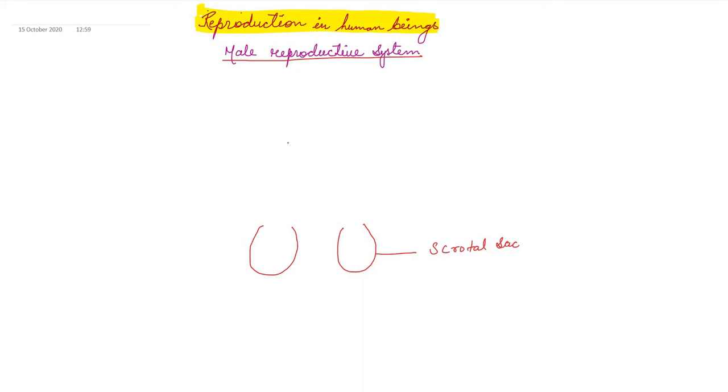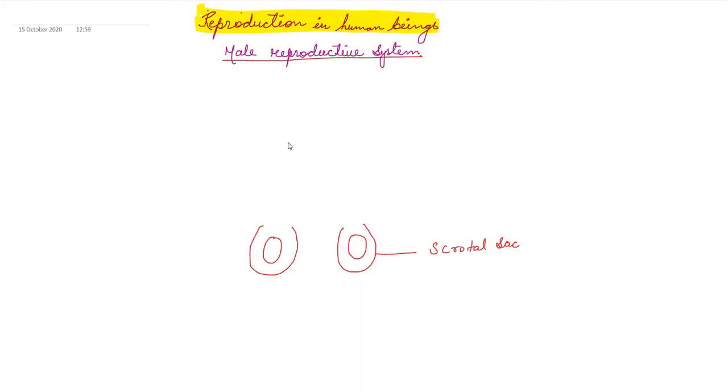Inside the scrotal sac, what do we have? We have a testis, an oval shaped testis. I have drawn this at a long distance to understand the structure nicely.